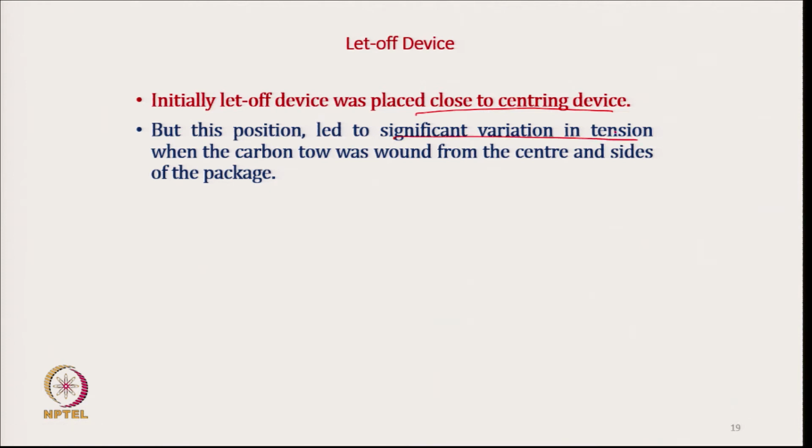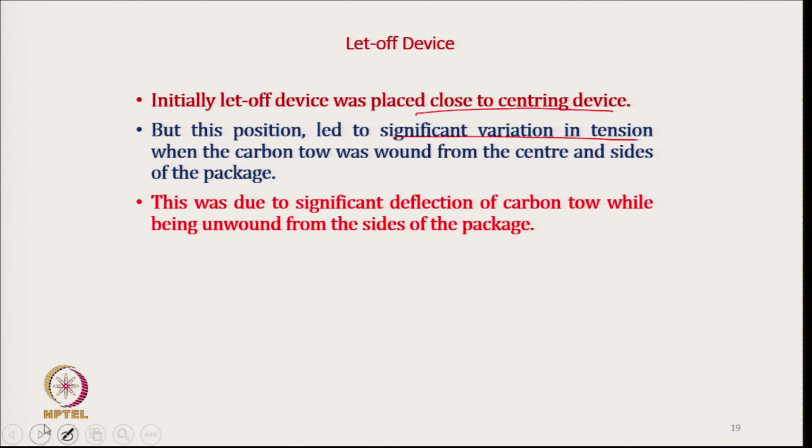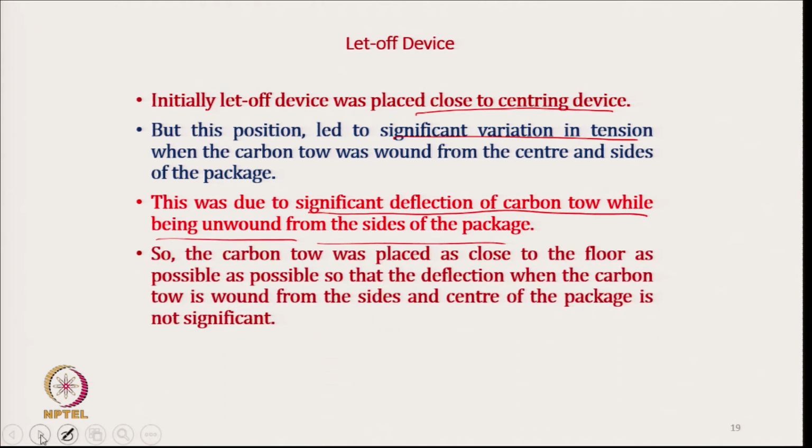Significant variation in tension was observed close to the centering device. This was due to significant deflection of carbon toe while being unwound from the side of the package. So, that we have already seen.